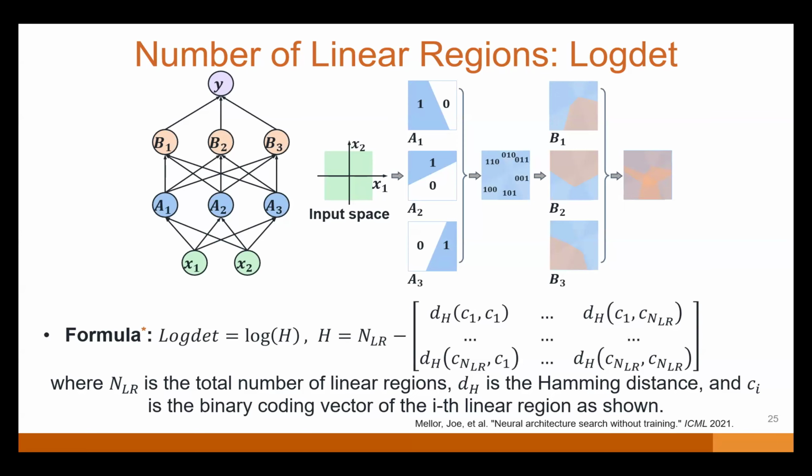The basic idea is that the smaller the Hamming distance between two different codes, the harder it will be for those networks to differentiate between those two types of behaviors. So once you have this log formulation, you can get an idea on what matters and what doesn't matter. Again, the basic idea is that the larger the value, the better the behavior of the network.